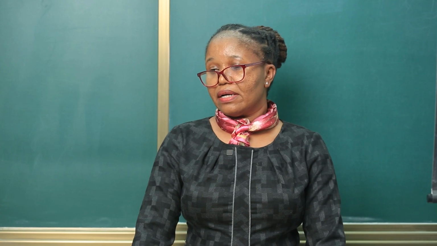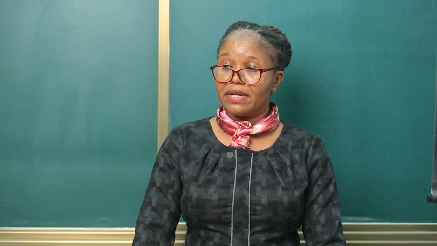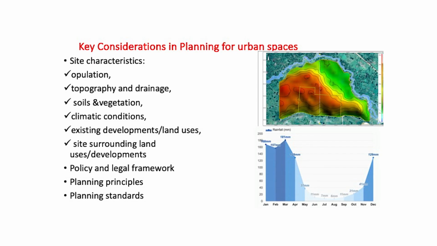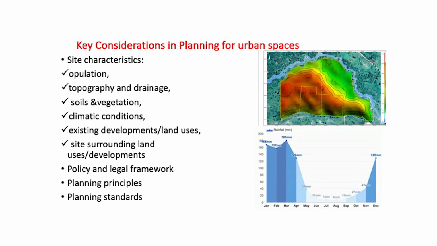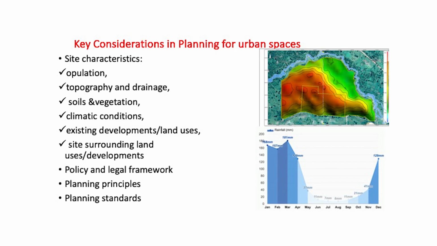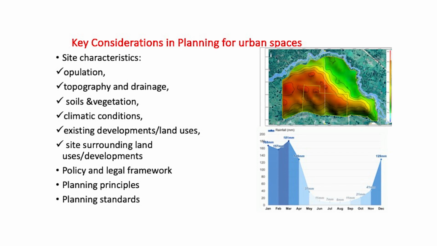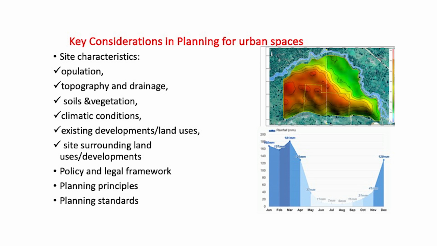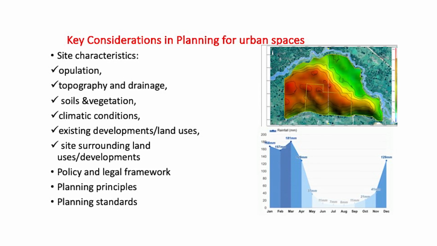However, the generic considerations which are put in place include site characteristics such as population of the area within which the plan is concerned, topography and drainage, including the terrain of the area, soils and vegetation, climatic conditions such as temperature.